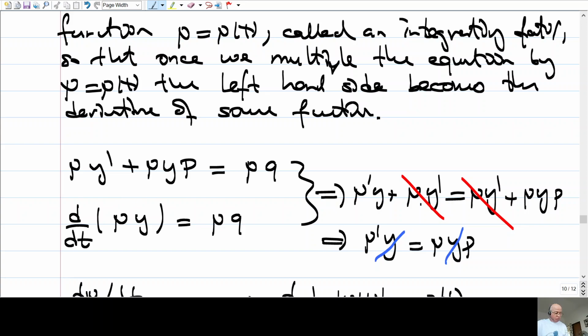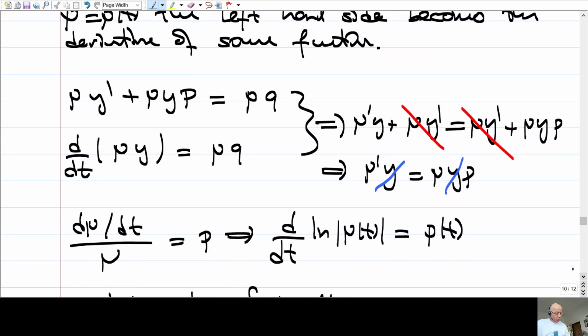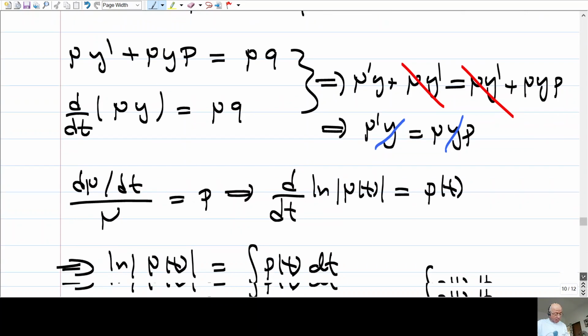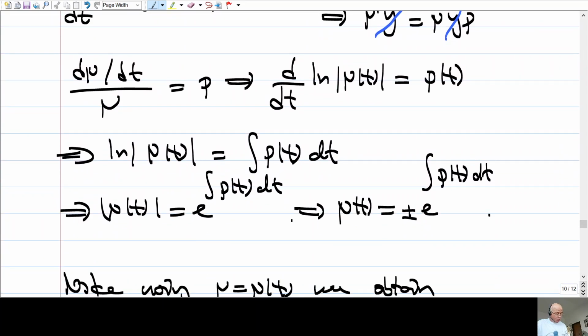and then you write this condition down, and from this you see that mu has to satisfy this differential equation. Mu prime should be equal to mu times p, and from this, writing it this way, we obtain this equation, and from this we see that mu has to be plus or minus exponential of the function p.